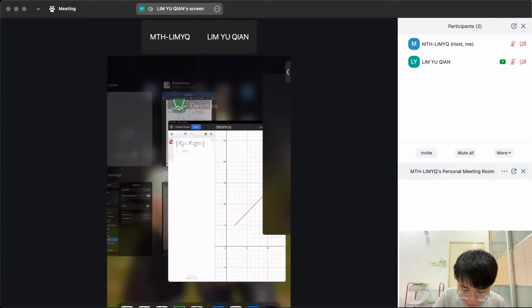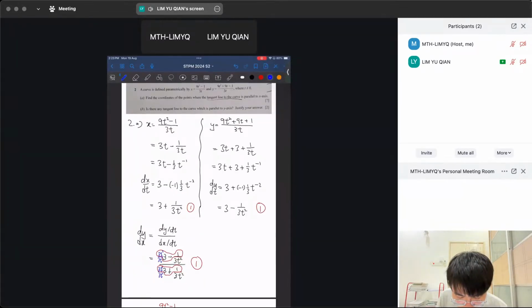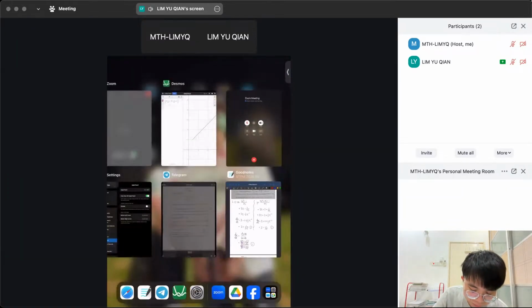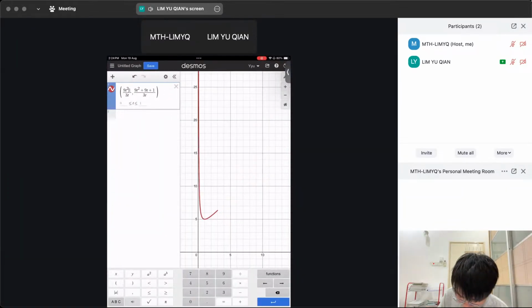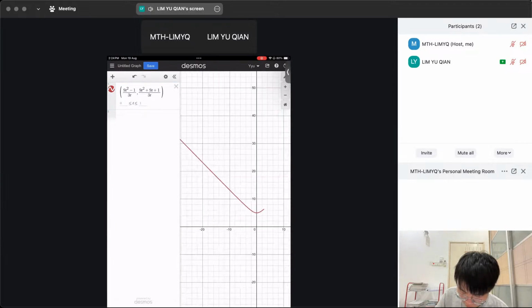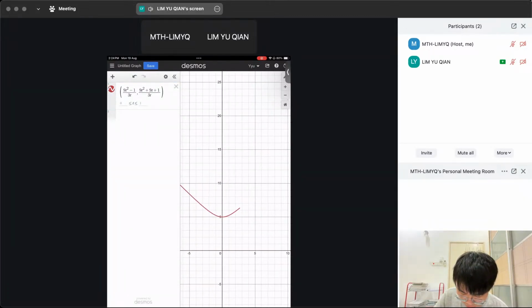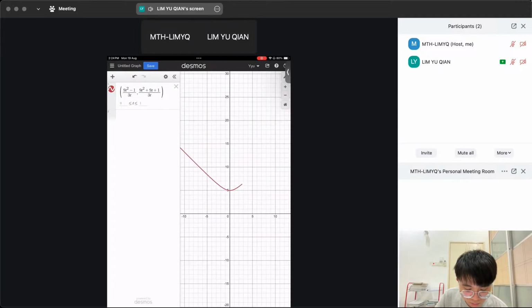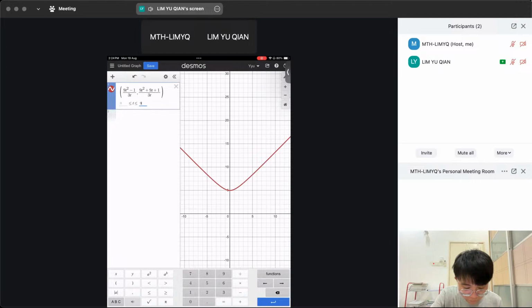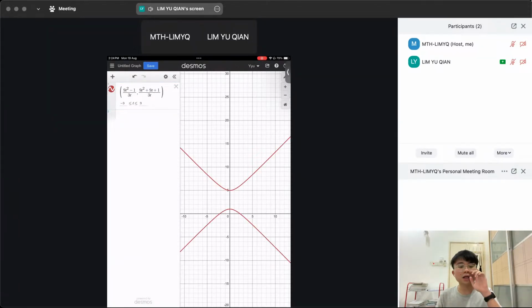Wait, 9t squared minus 1, okay. This one is minus, this one is plus. Wait. Okay, we need to give more values. Negative numbers can also be used. Okay, so like this.